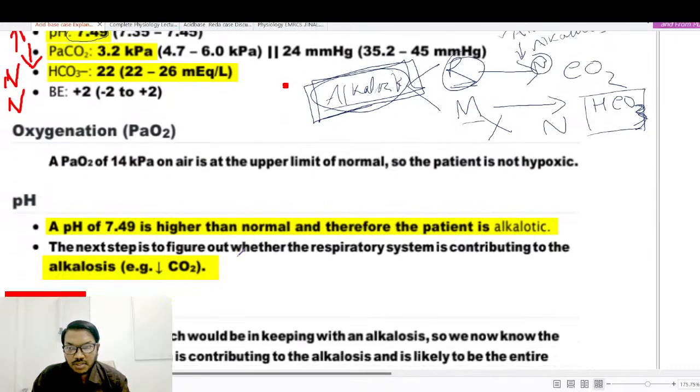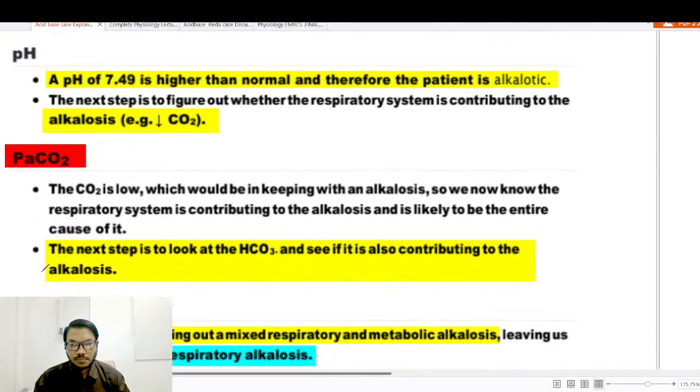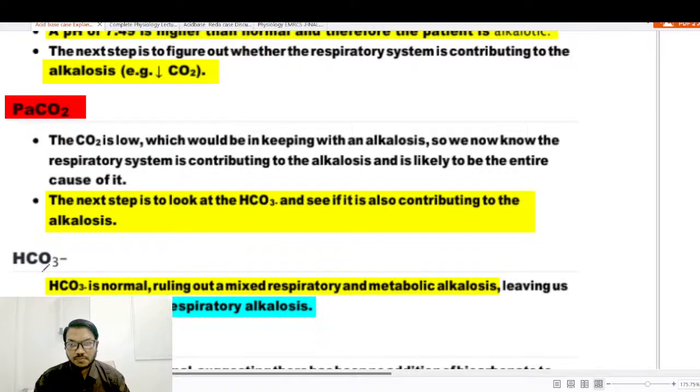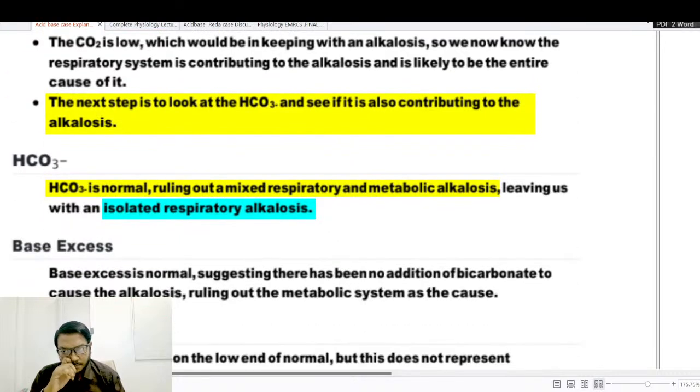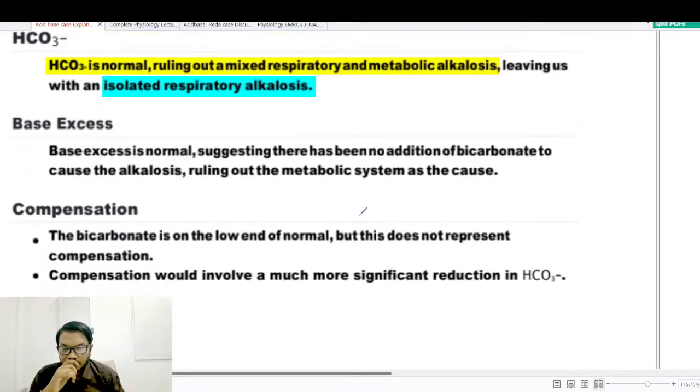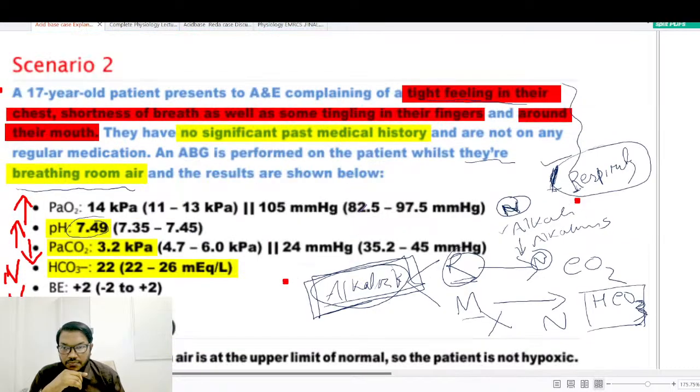So you read the explanation next. O2 was 14.